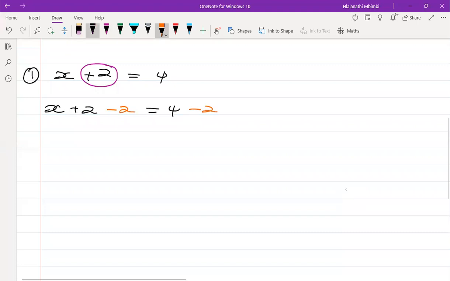Are we happy? Now, if you focus on that idea, you realize that x has been isolated, and our x value is indeed equal to 2. Are we happy?